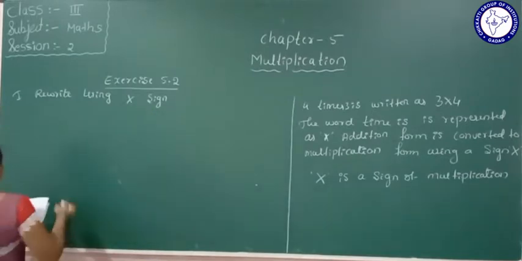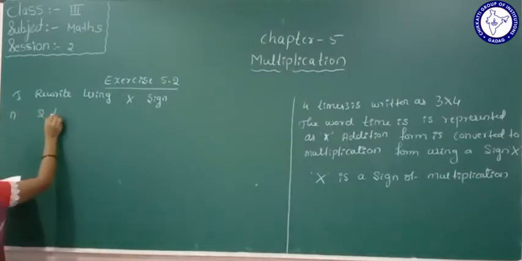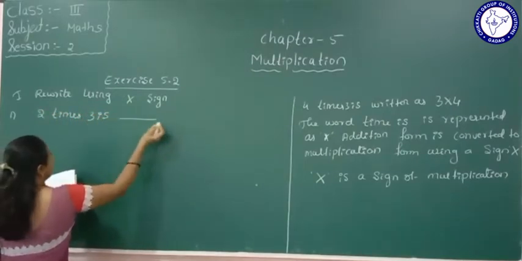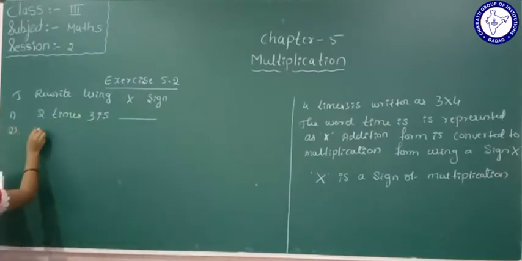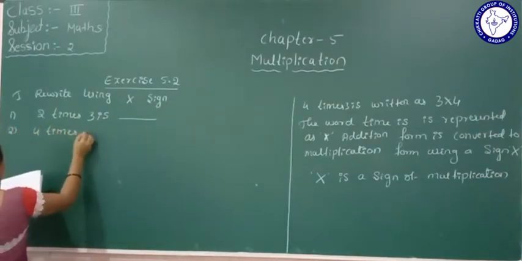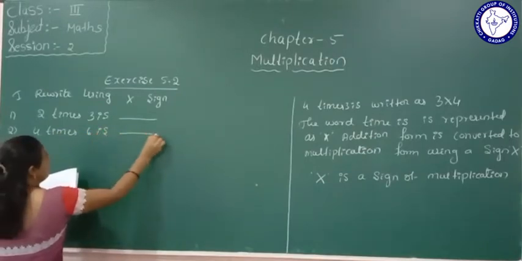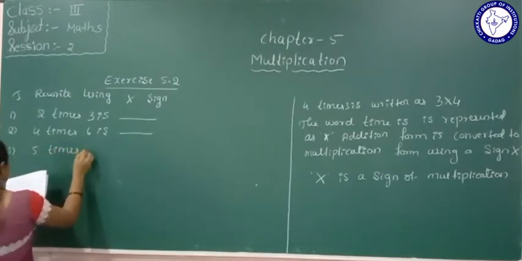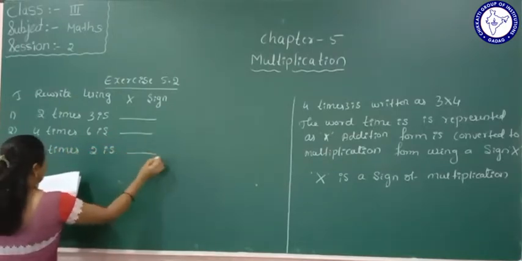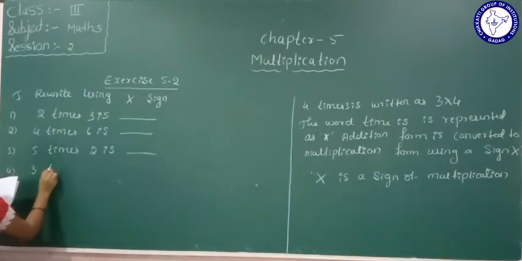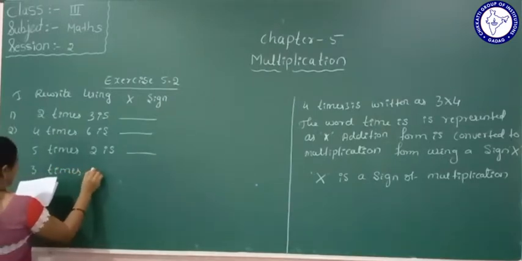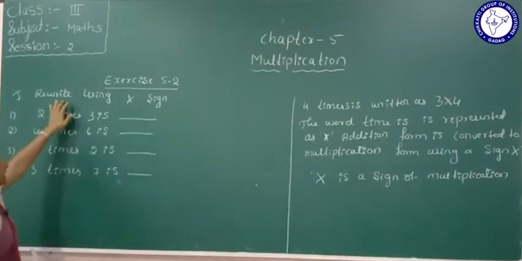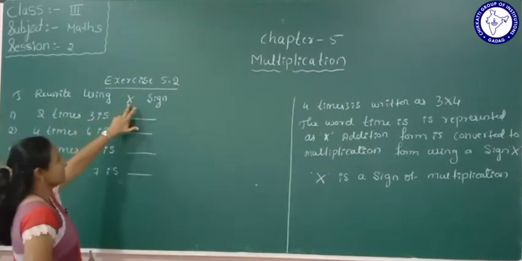First one, 2 times 3 is dash. Second one, 4 times 6 is dash. 5 times 2 is dash. 3 times 7 is dash. Yes students, rewrite using the symbol, which is the multiplication sign.